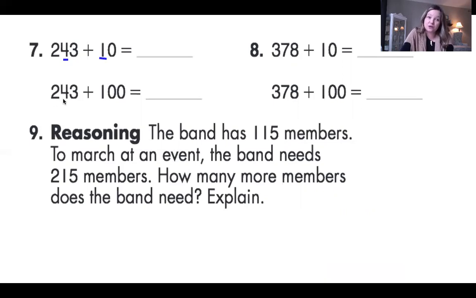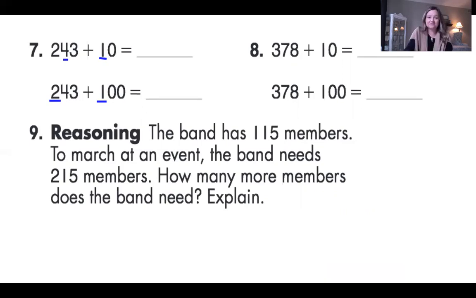And notice 243 plus 100. Now we're looking in the hundreds place. Okay, so that is my hint. So good luck. I know you can do it. I can't wait to see your responses.